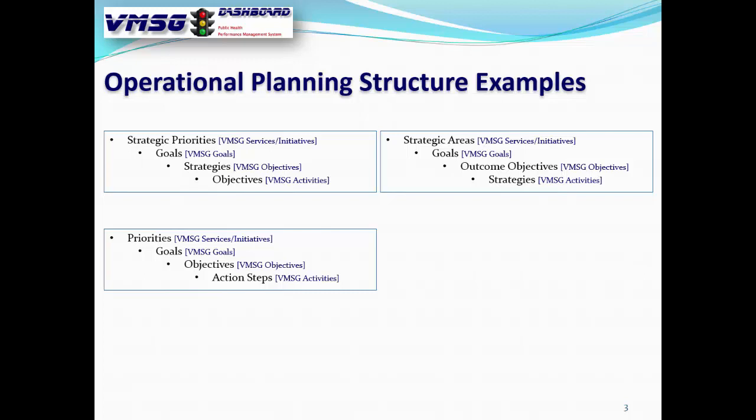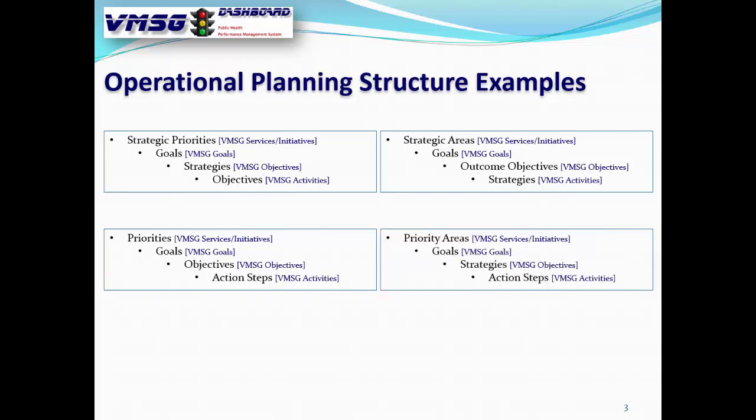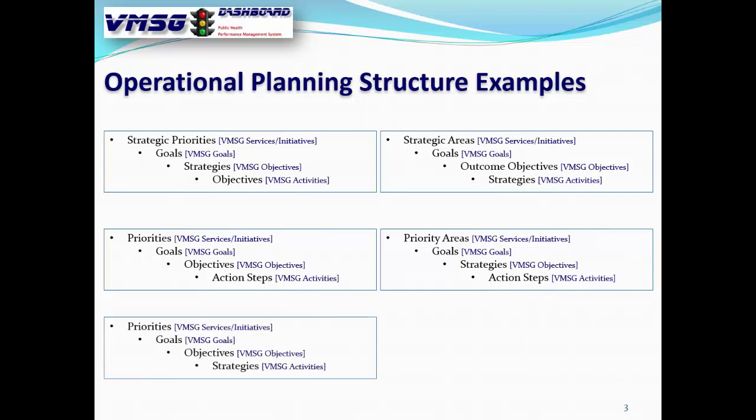In this case, we have priorities as our top level, then goals, objectives, and action steps versus activities. Now, action steps is probably one of the most common terminologies we see for the activity level. In this case, we have priority areas again, goals, strategies down there again, and then action steps.